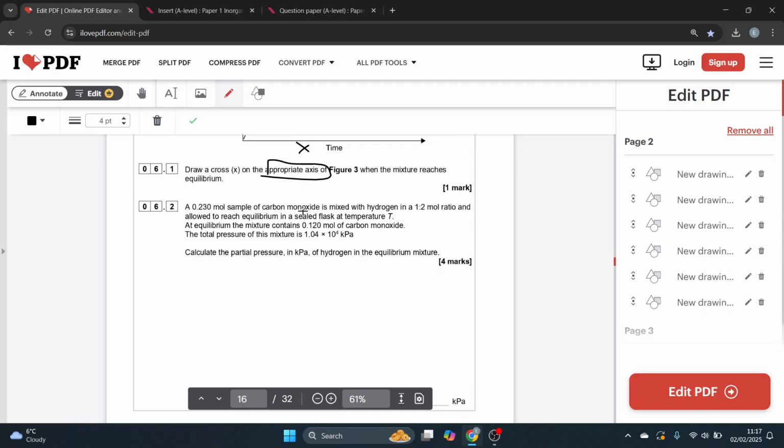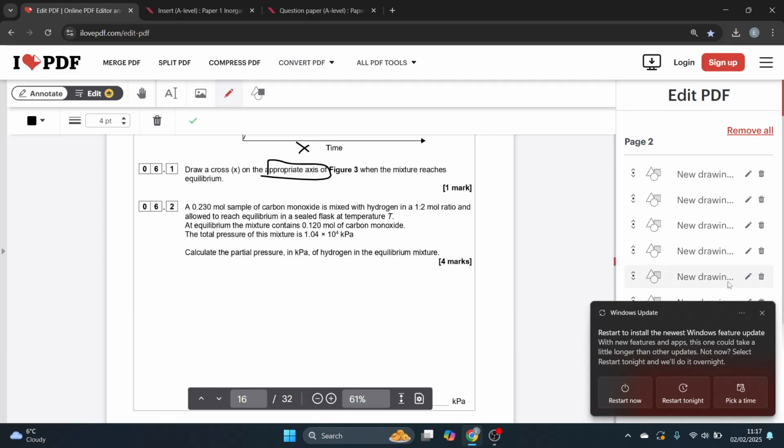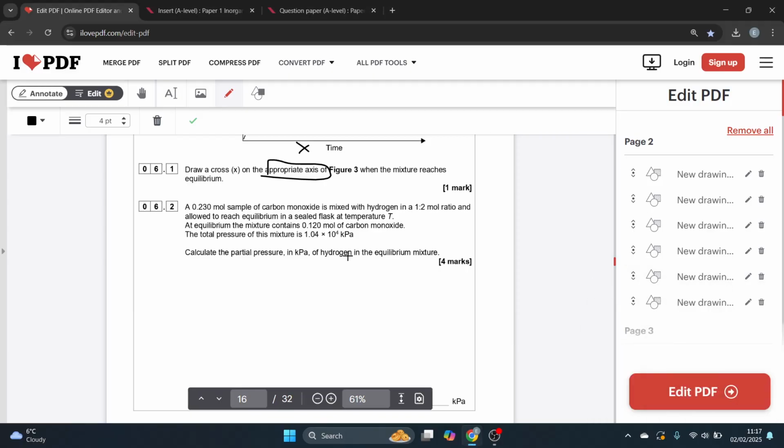6.2, so now Kp and all of that. 0.230 mole of carbon monoxide is mixed with hydrogen in that ratio, and allowed to reach equilibrium. At equilibrium the mixture contains this much carbon monoxide. The total pressure is that. Calculate the partial pressure.